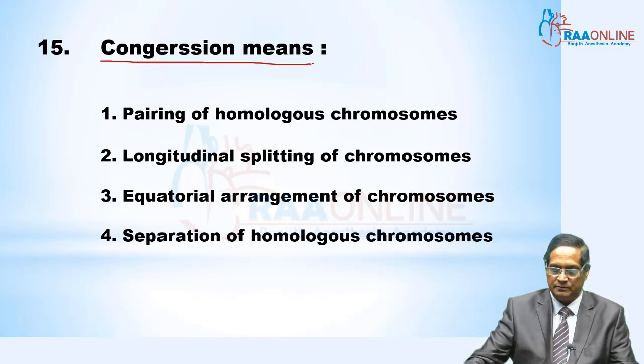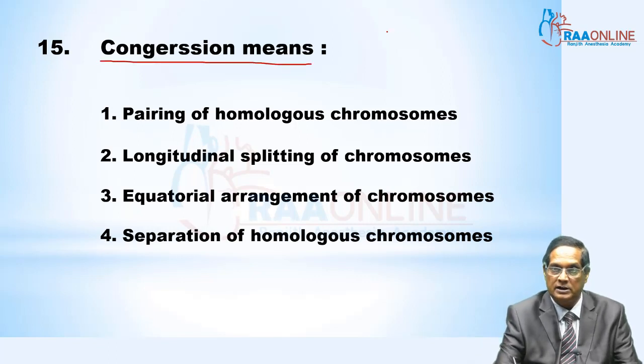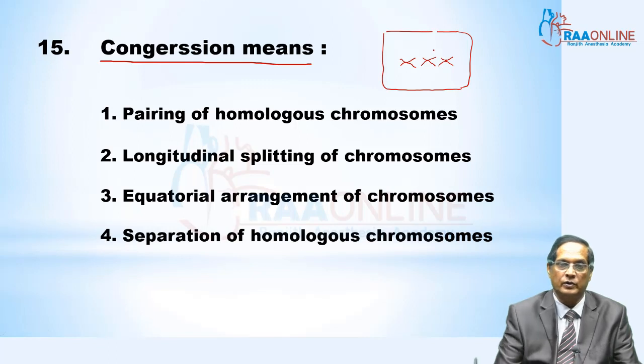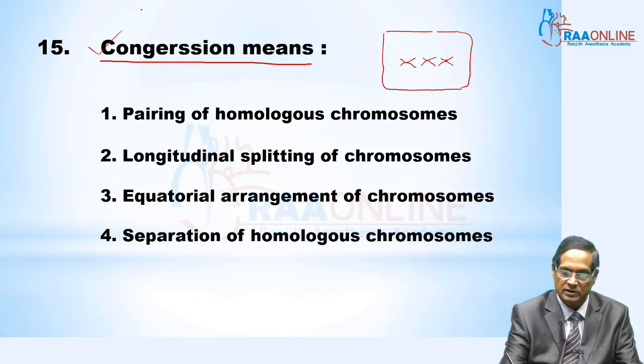Metaphase stage is an important phase. In metaphase stage, chromosomes show equatorial orientation, that is equatorial arrangement of chromosomes. This is called congregation, and the spindle is clearly visible.